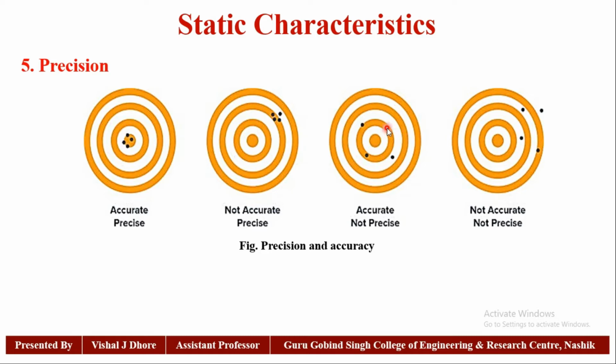It means the points are very close to the center, but they are not close to each other, not in the same range or repeatable. That's why it is not precise. And in the last figure, it is not accurate and not precise. So this is about precision.